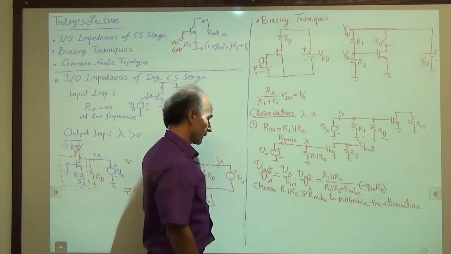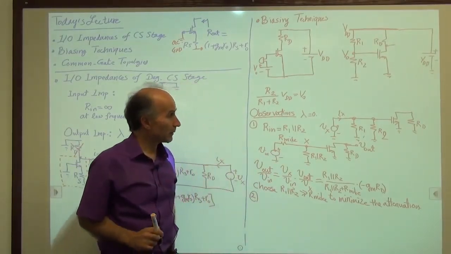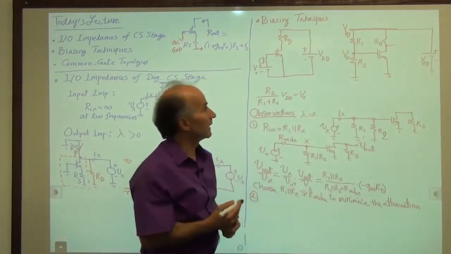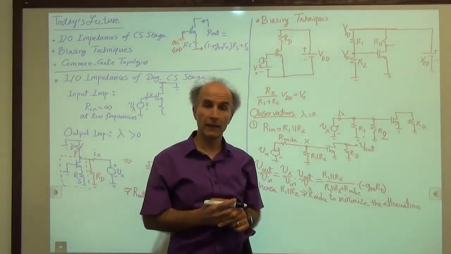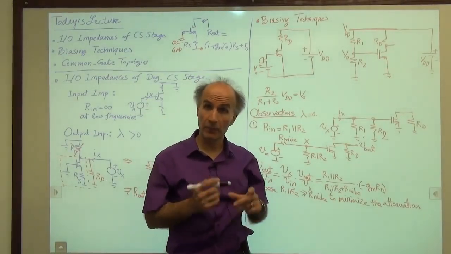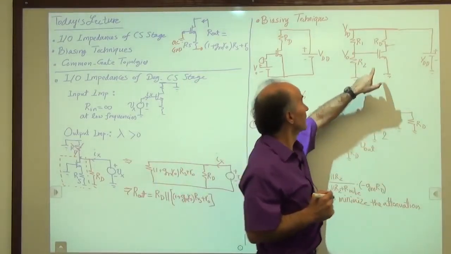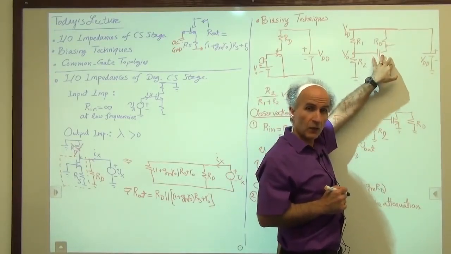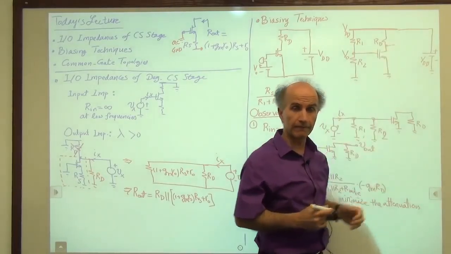Okay, next observation is as follows. If you go back to the original circuit here, can I increase RD indefinitely? Because I'm thinking that the gain of the circuit is gm times RD, for example, this part of the circuit, right? So to maximize the gain of the circuit, I would like to maximize RD.